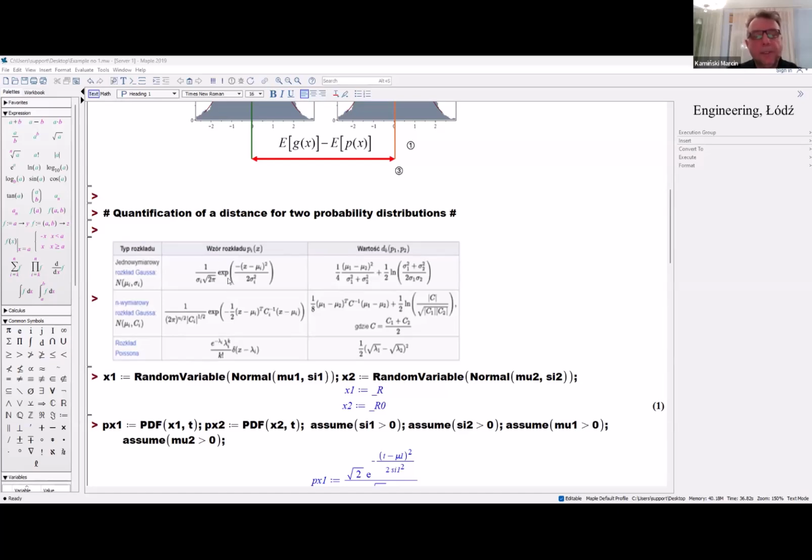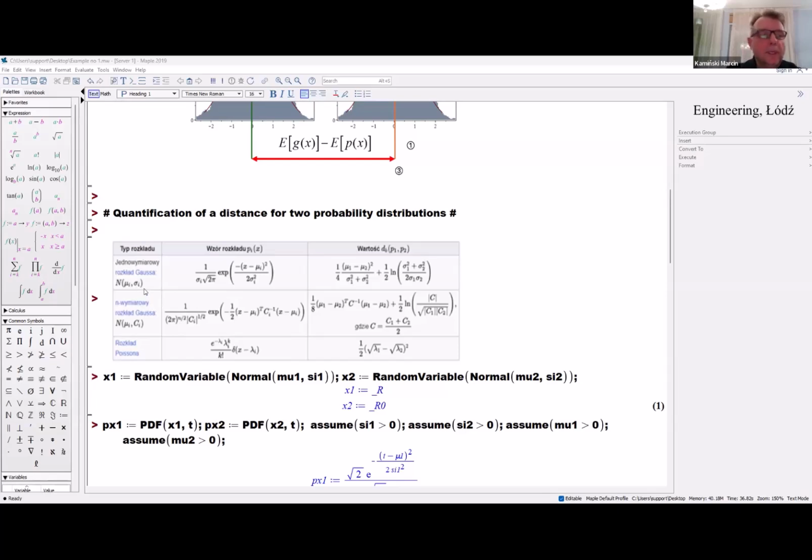So if you have, let's say, one-dimensional Gaussian distribution whose probability density function is widely known, and additionally you have two different Gaussian distributions, namely P1 and P2, this distance between two different distributions can be expressed in terms of a difference of their mean values, as well as some more complex functions of their standard deviations, including some natural logarithm.